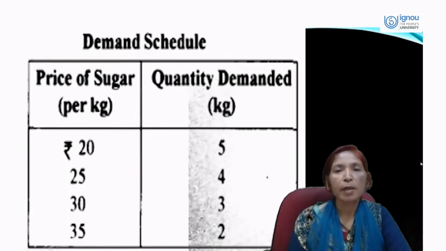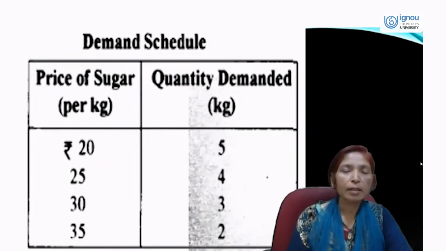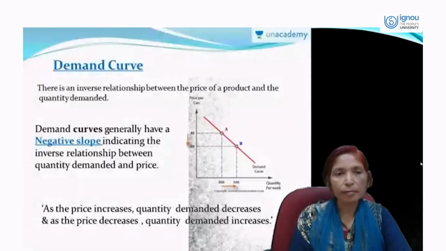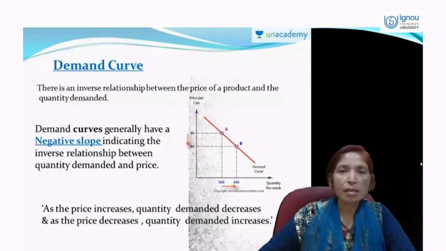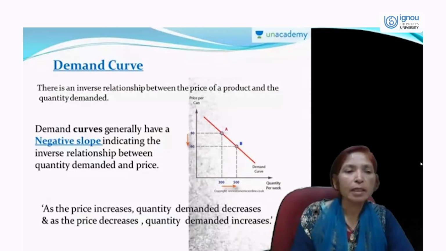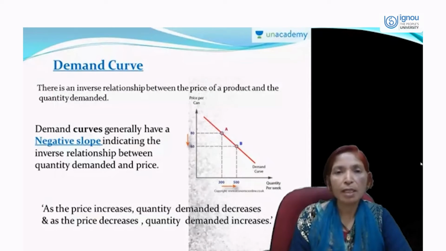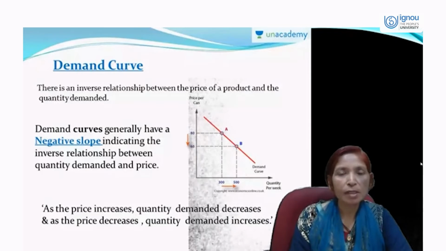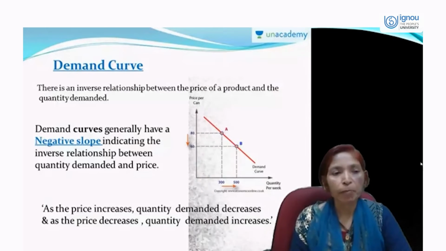It's a tabular presentation of the quantity of a commodity at different levels of prices. And demand curve is a graphical presentation of demand schedule. So there is an inverse relationship between the price of a commodity and quantity demanded. So the demand curve slope is always downward from left to right, and the downward sloping curve shows the inverse relationship between price and quantity of a commodity.